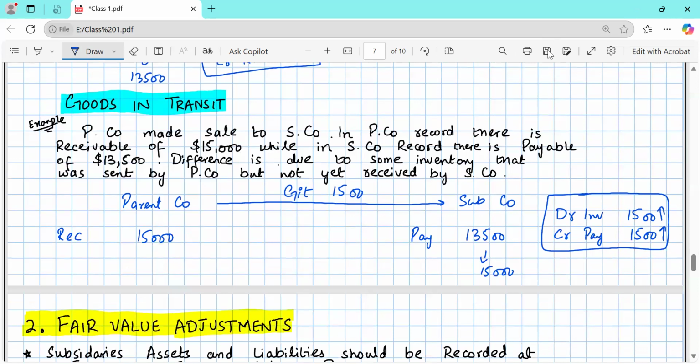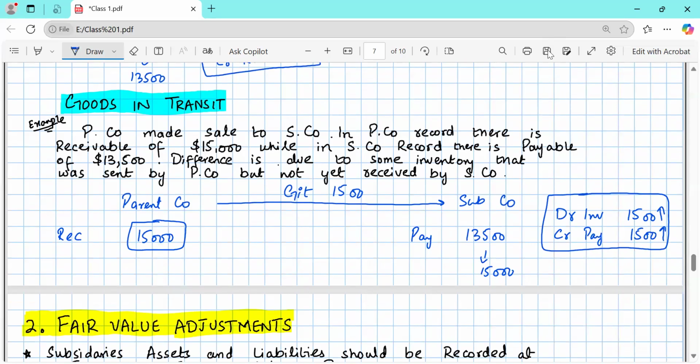Similarly, in the goods in transit, look, the parent transferred the goods, right? So it means that 15,000 was your ICB. Even if you do not know what the payable of the subsidiary was, you should know that 15,000 is ICB, intercompany balance, because the parent has transferred the goods. Their record is right.